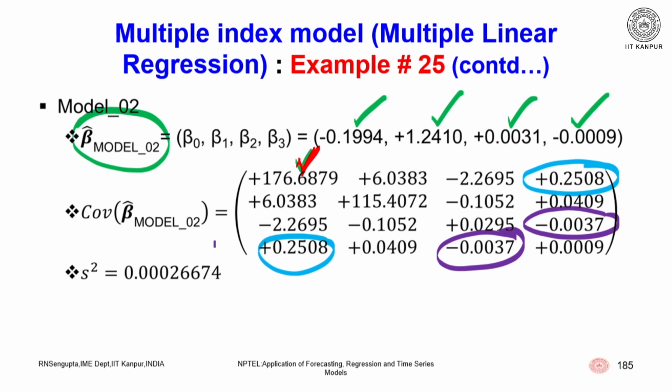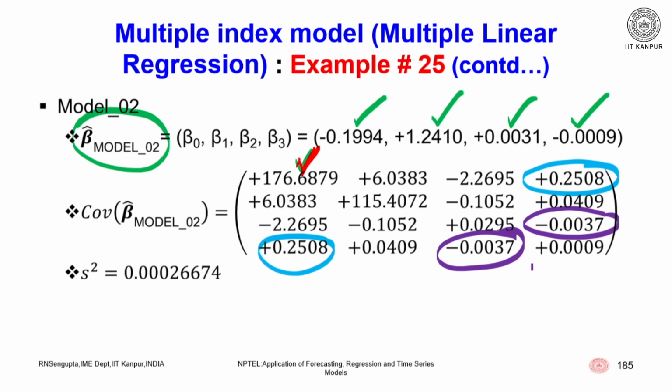That is negative, in the sense there is a negative correlation existing between the values of beta of those x values.